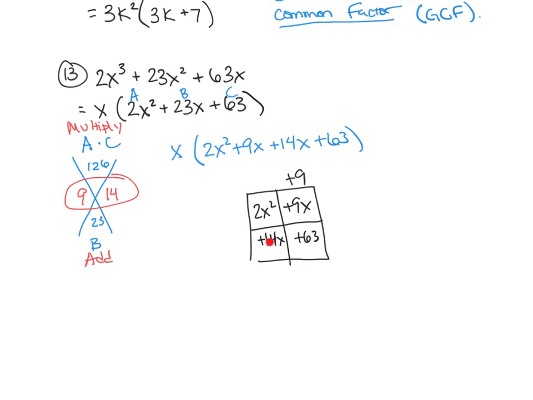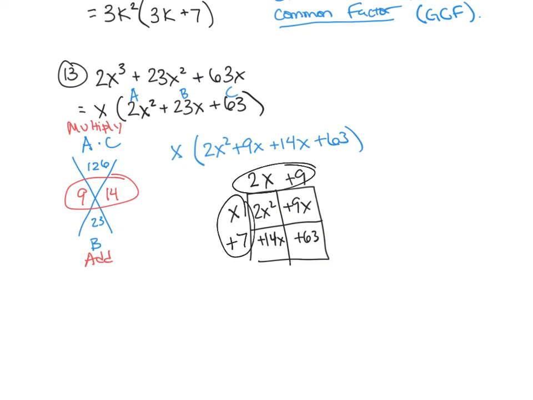When I look at 2x squared and 14x, what can I divide out of both of those? I can divide a 2 and an x. For looking side to side, 9x and 2x squared only have an x in common. And then 63 and 14x, they both have a positive 7 in common.